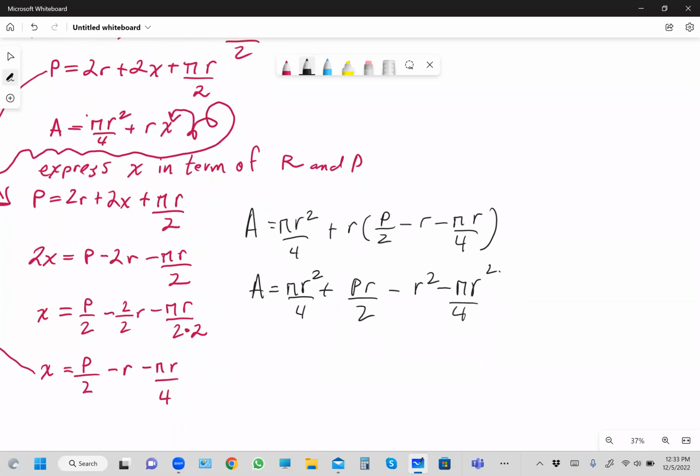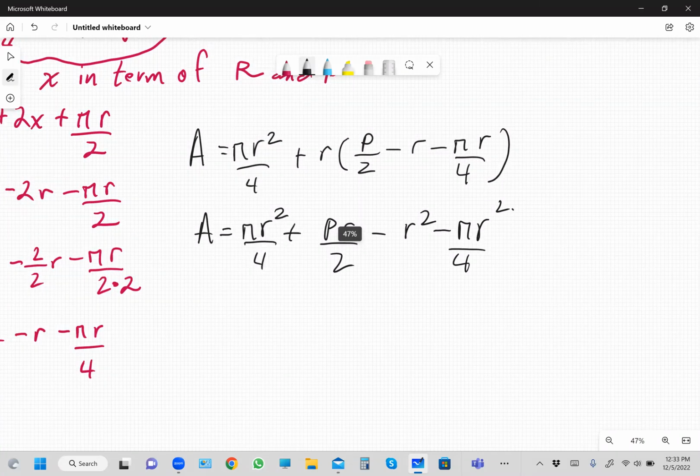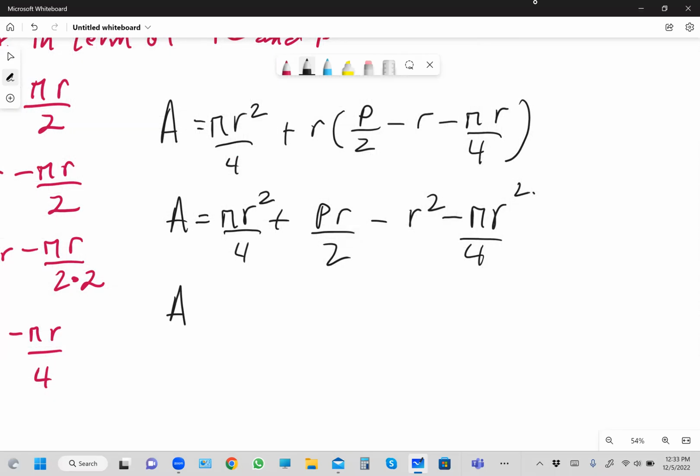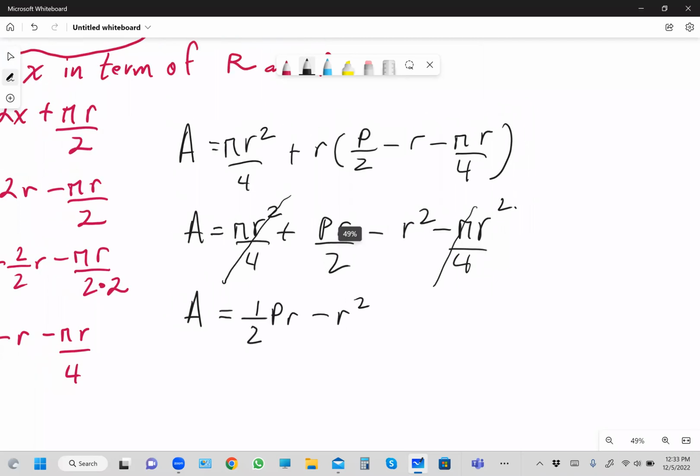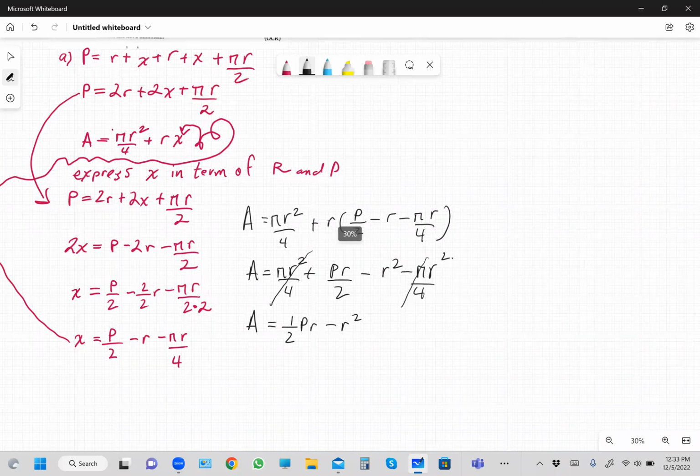And what happens? Look what happens, wonderful people. Yes, you simplify, but look what happened. Look at this guy. They're gone. And look what you're left with. Half PR minus R squared. And guess who does that look like?